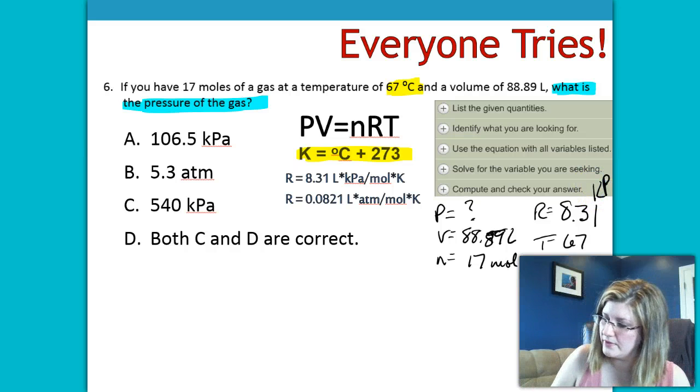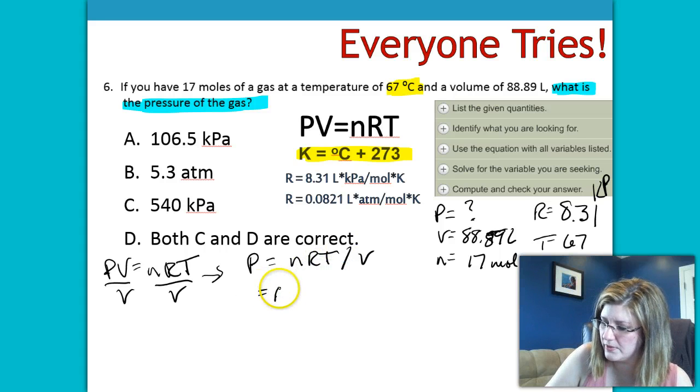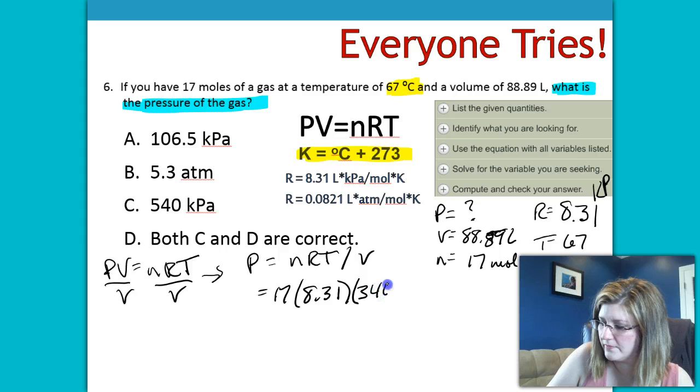We're solving for the pressure of the gas, so PV equals nRT, divided by V on both sides, leaves us with P equals nRT divided by V. And we're just going to substitute in our numbers: 17 times 8.31 times 340, that whole quantity divided by 88.89.